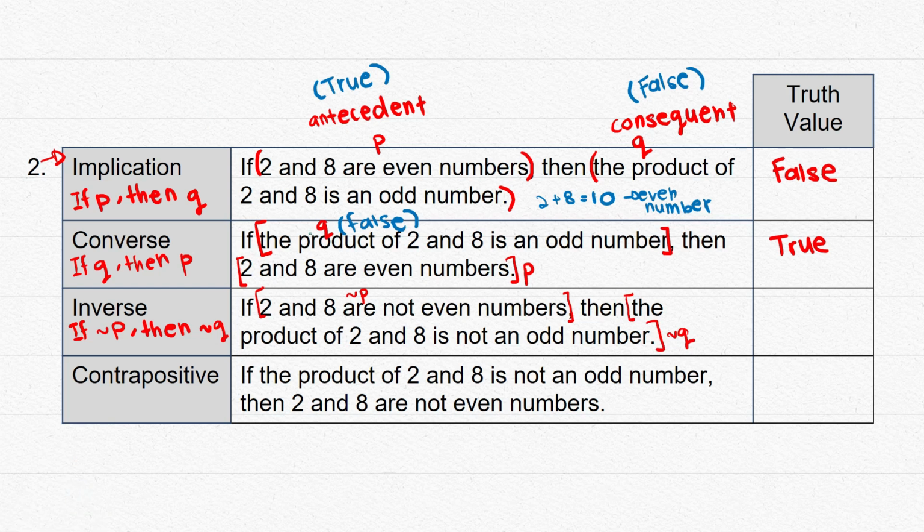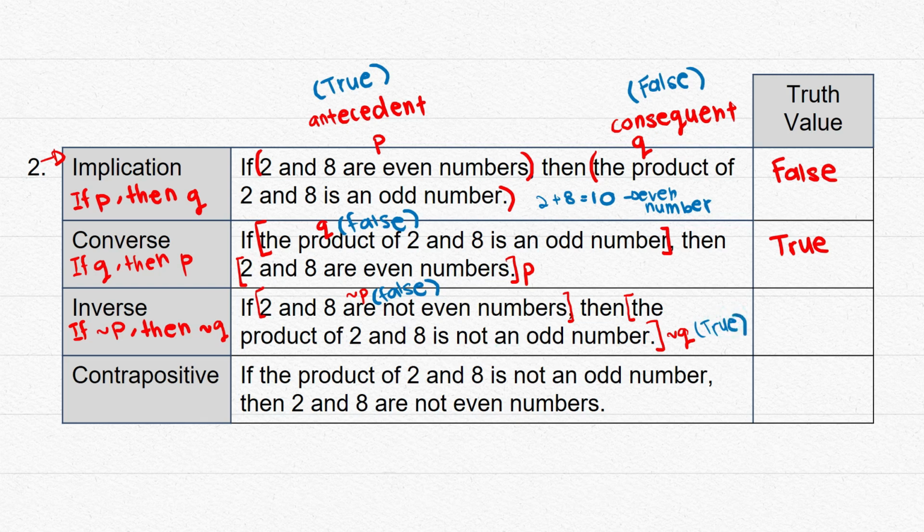How about tilde P? Of course it's the opposite meaning, so if P is true, then tilde P will be false. We already determined Q is false, then tilde Q will be true.